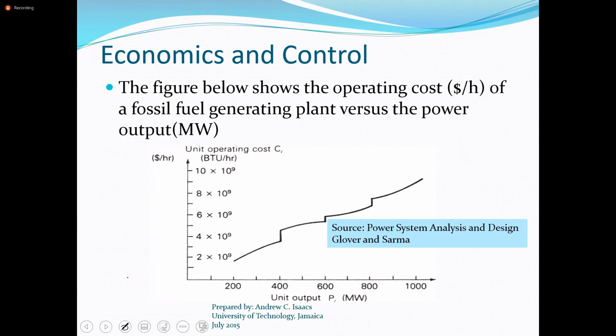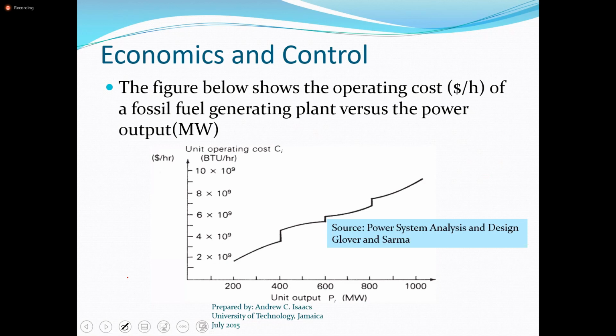So between 200 and 400 megawatts, we are moving from just about 2 times 10 to the 9 BTU per hour up to about 350. But when we seek to go to 600, we are somewhere in the region of about 5.5 times 10 to the 9 BTU per hour.